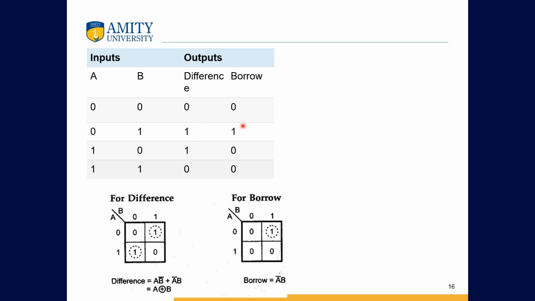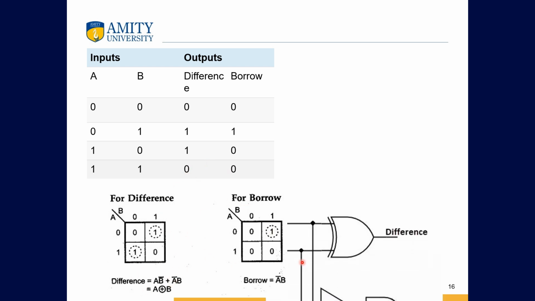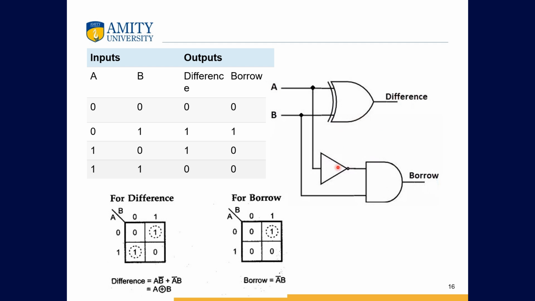There's a difference of 1, but there's also a borrow because the initial bit is smaller than the bit that is subtracted from it. 1, 0 gives difference of 1, but there is no borrow since 0 is being subtracted from 1. 1, 1 gives 0, and this is the K-map. Hence the Boolean expression and then the realization of the gate. It's the same as half adder, we only add a NOT gate in order to get the difference in borrow.